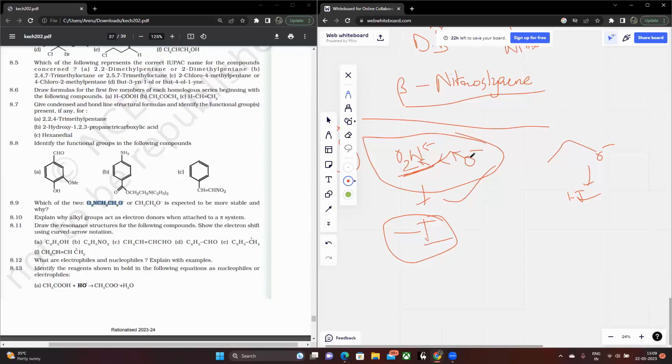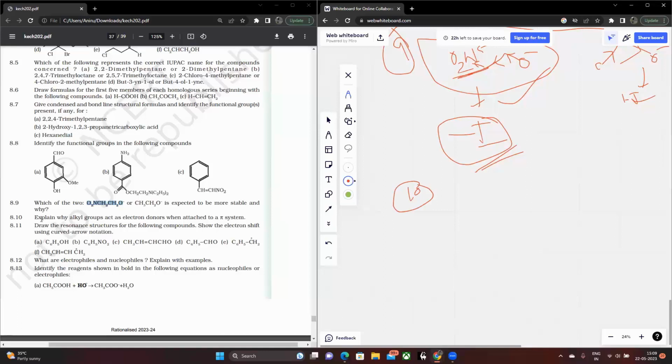So this is basically drawing electrons away from this negatively charged oxygen, which stabilizes the whole compound, right? But here, this is a carbon group attached to an oxygen. Oxygen is more electronegative, so it starts pulling in the electrons. That's a plus I effect, right? This concentrates electrons more over here, basically destabilizing this molecule. So this is going to be more stable. The reason is this minus sign.